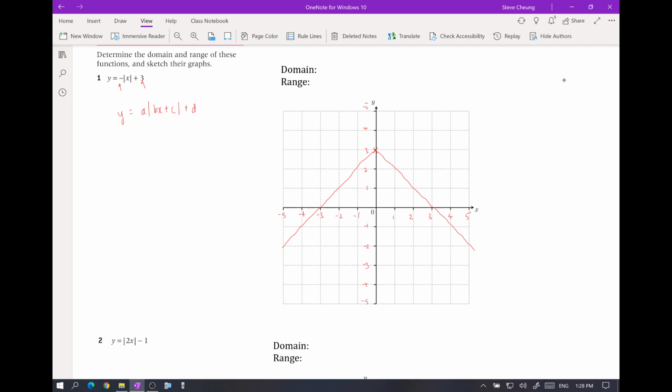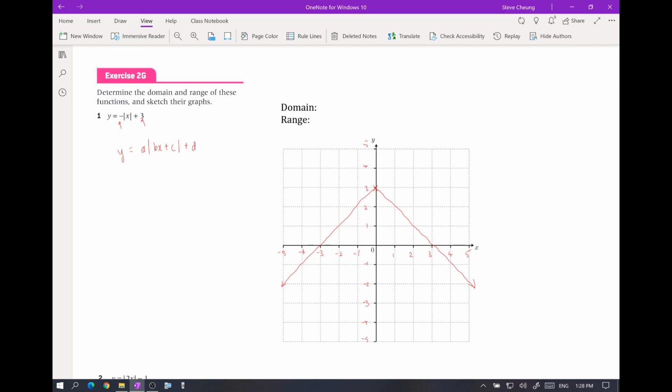So if I want to be really precise, then I will attach arrowheads to represent that they actually keep on going forever. So as you can see, the domain is going to be all real numbers, whereas the range is anything less than or equal to 3. And of course, y will be in the set of real numbers as well.